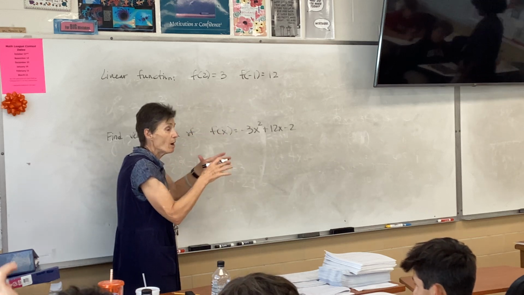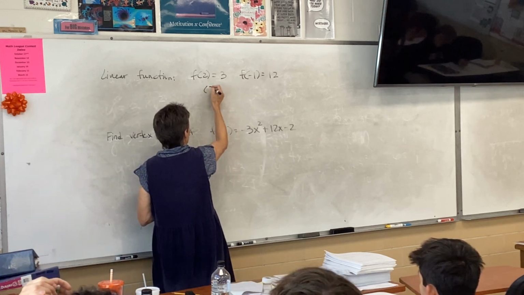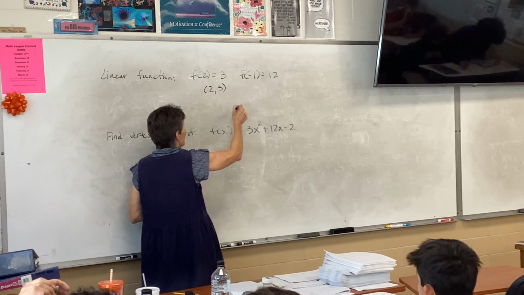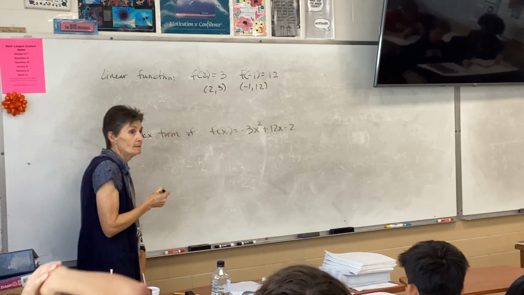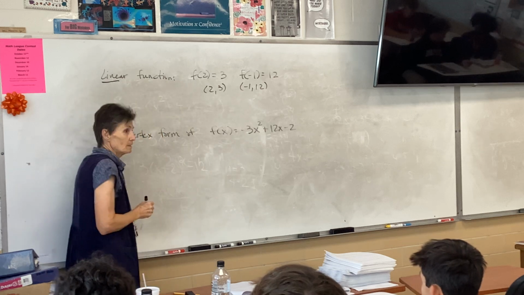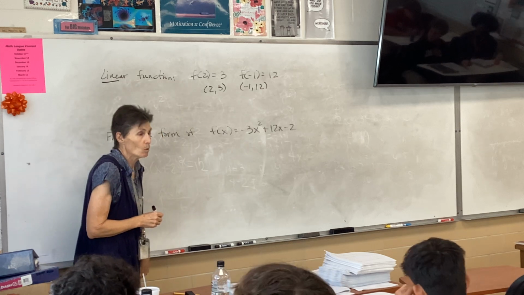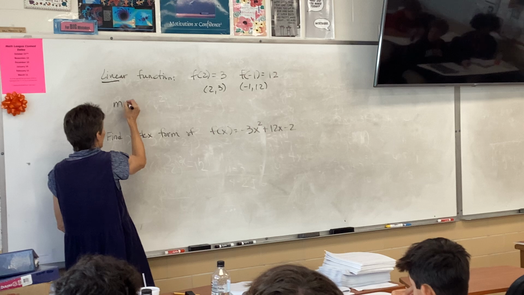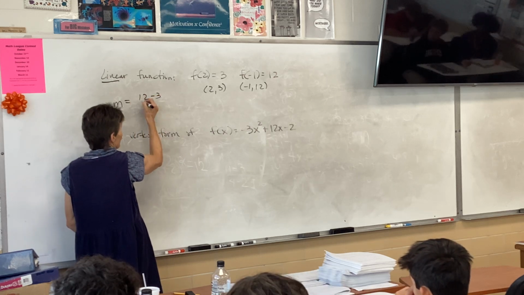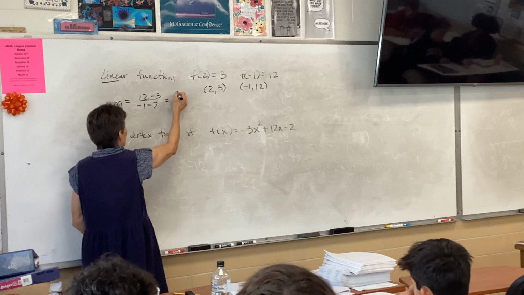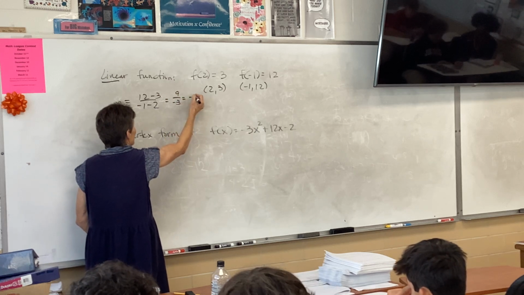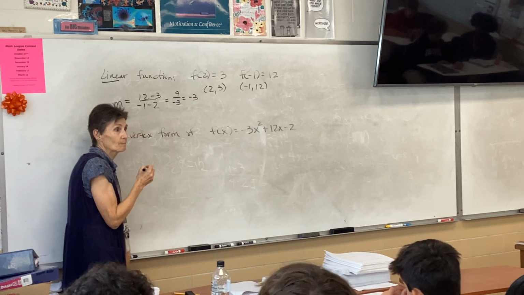So we know that this is the ordered pair (2, 3), and this is the ordered pair (-1, 12), right? Linear, line, slope. So m equals 12 minus 3 over -1 minus 2. So that's going to end up equaling -3.